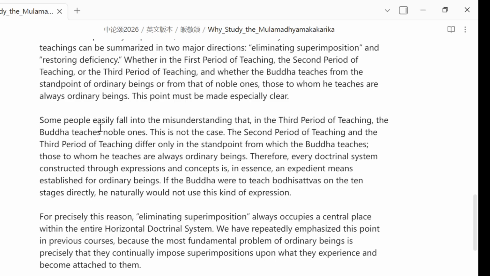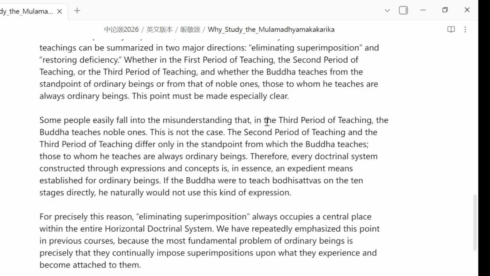Some people easily fall into the misunderstanding that in the third pillar of teaching, the Buddha teaches noble ones. This is not the case. The second pillar of teaching and the third pillar of teaching differ only in the standpoint from which the Buddha teaches. Those to whom he teaches are always ordinary beings.